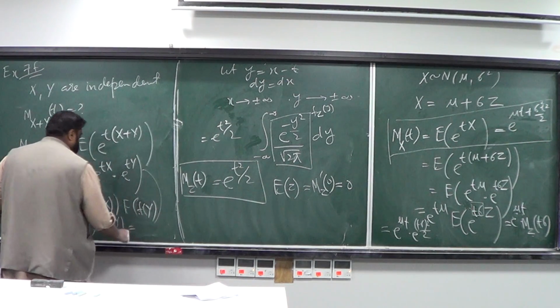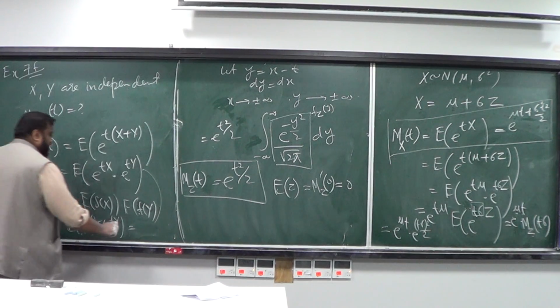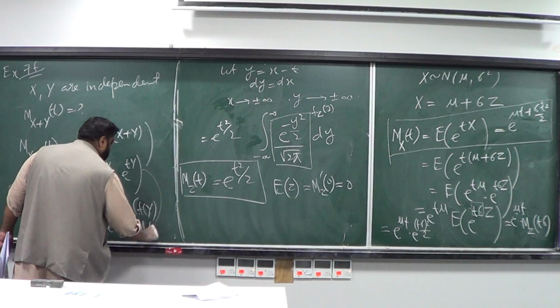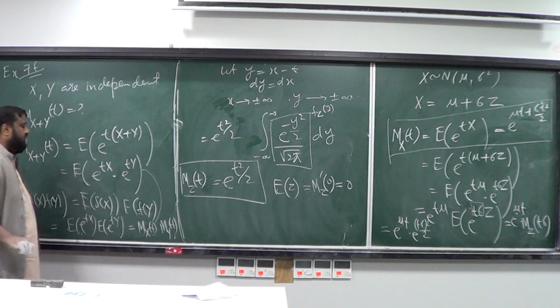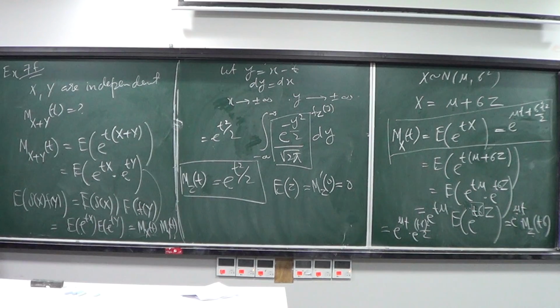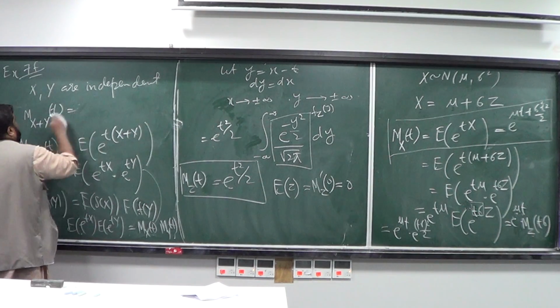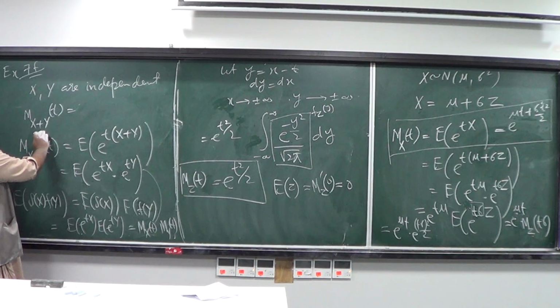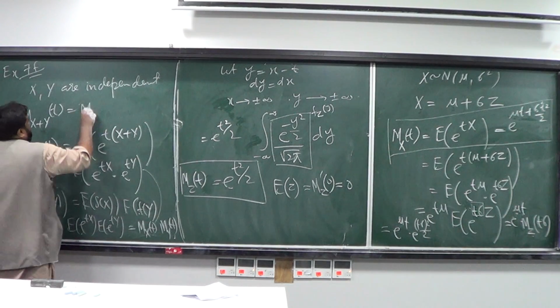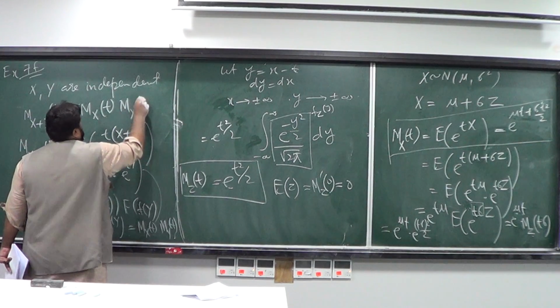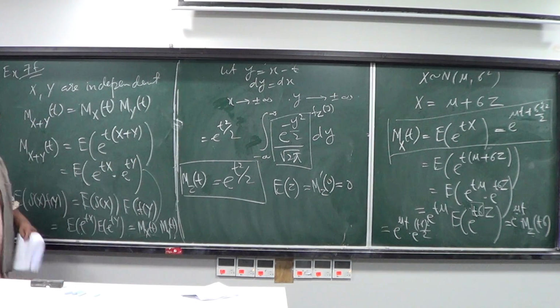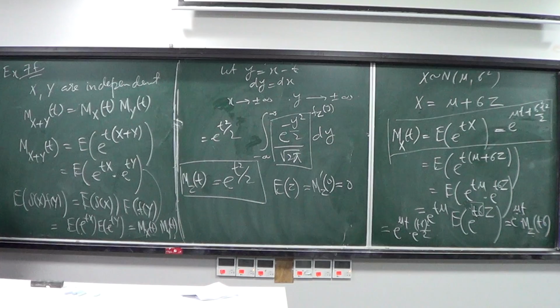And what is the expectation of e to the tx? So this is the moment generating function of x at t times the moment generating function of y at t actually. So what does this show? That if you want to compute the moment generating function of the sum of two independent random variables, it is simply the product of the moment generating functions actually. Okay? So the moment generating function of the sum of two random variables is the product of their moment generating functions actually.